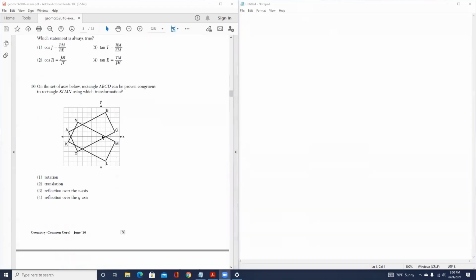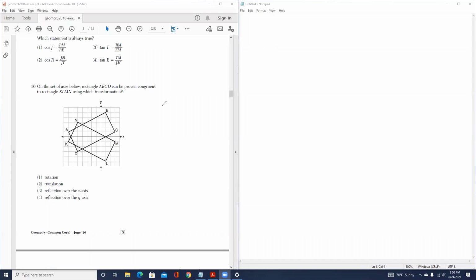Let's move on now to question 16. On the set of axes below, rectangle ABCD can be congruent to rectangle KLMN using which transformation? Now, you can think of the name in this case. The names of the points are the points that correspond to each other.